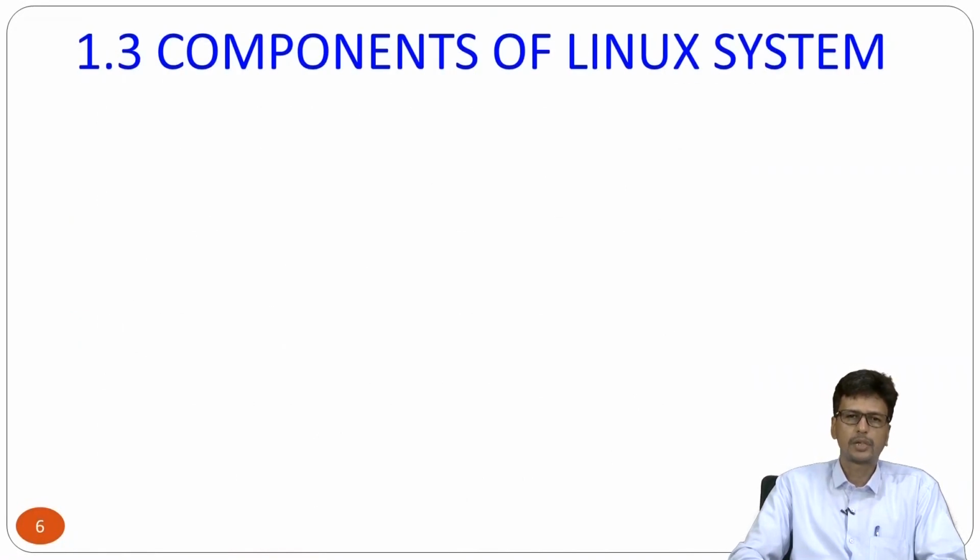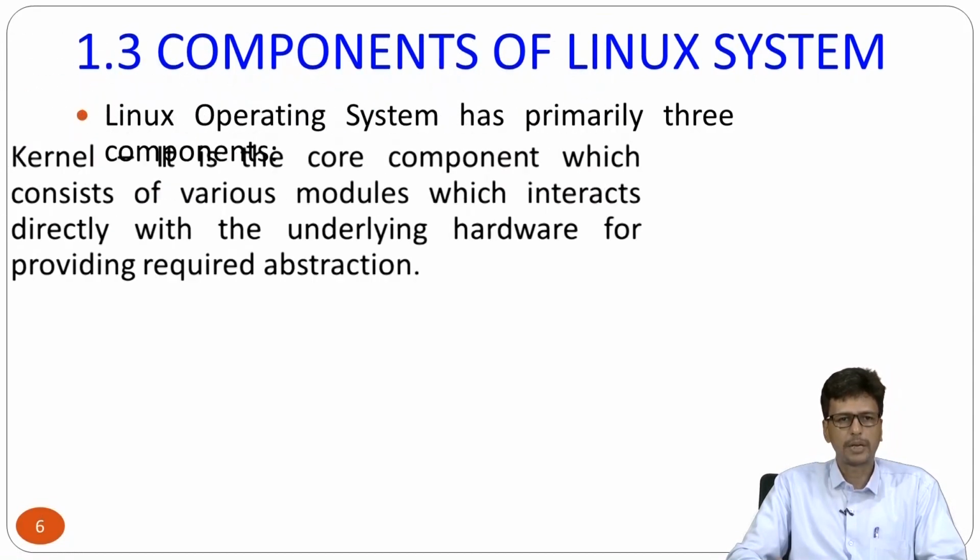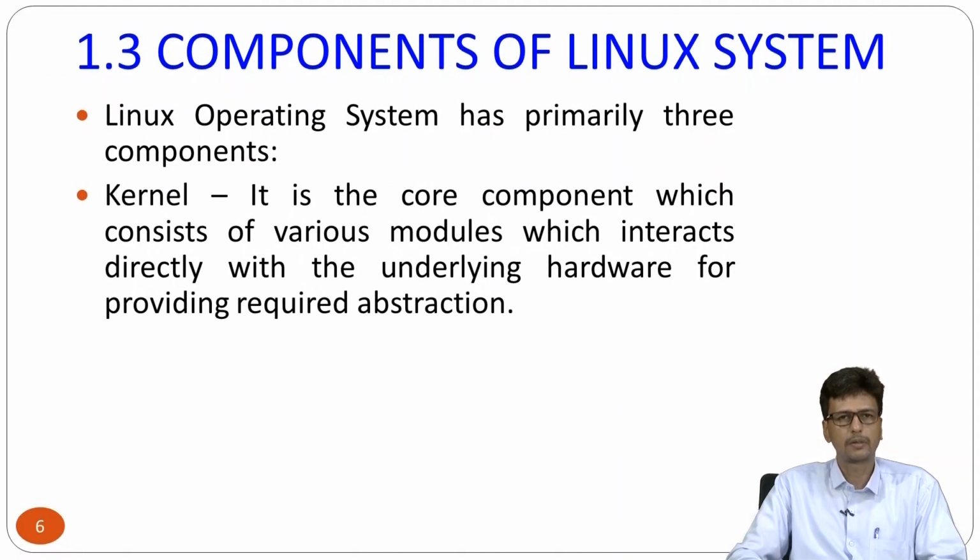Now we are going to start the basic components of this Linux operating system. In the previous two blocks we have seen the basic components of an operating system. In this block we are going to focus on the Linux operating system. Basically, the Linux operating system has three primary components. The first one is the kernel. I think you are aware of the two terms kernel and shell. Kernel is the heart of the operating system.